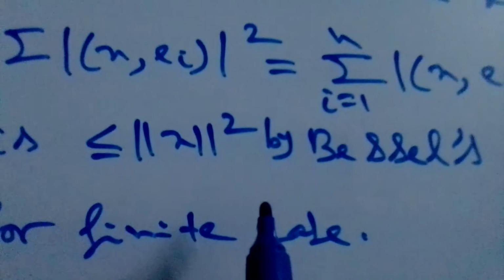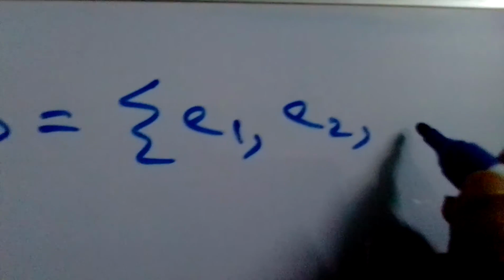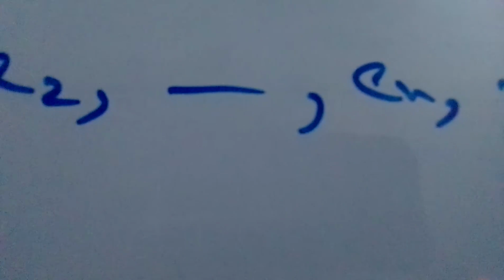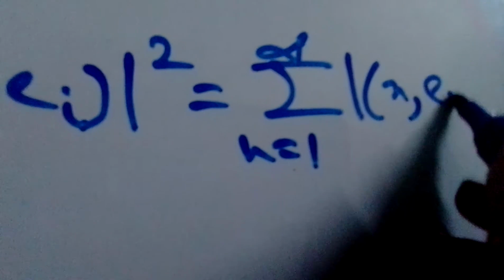Now finally we take the infinite case. It is countably infinite, with a definite order of arrangement, S is equal to e_1, e_2 up to e_n and so on up to infinity. Let the vectors in S be in infinite order, and let us define the summation of mod of x dot e_i whole square as the summation n runs from 1 to infinity of mod of x dot e_n whole square.